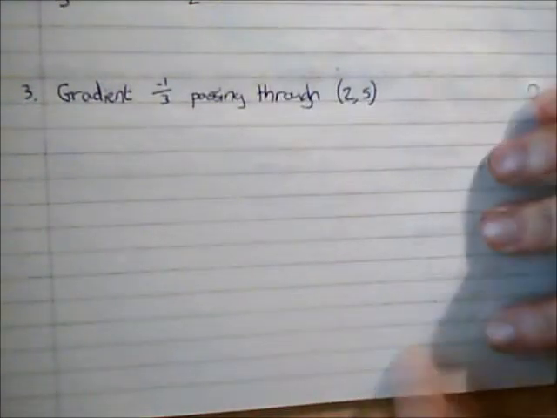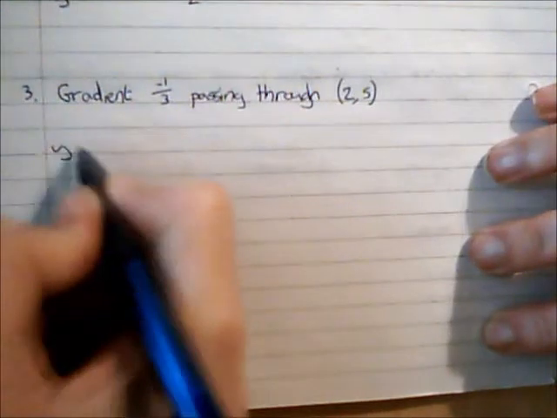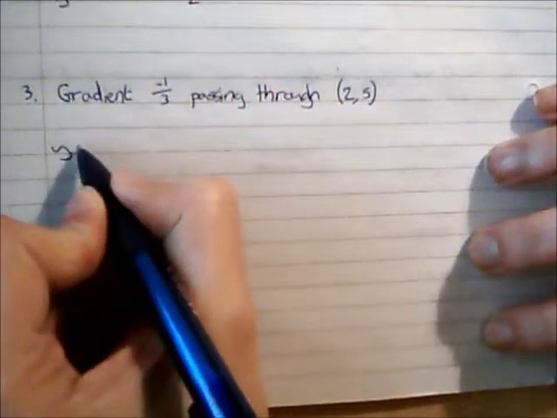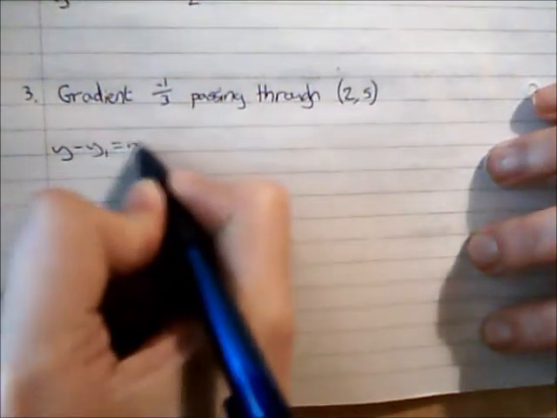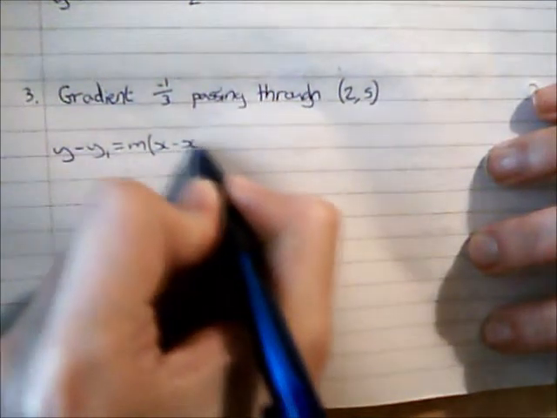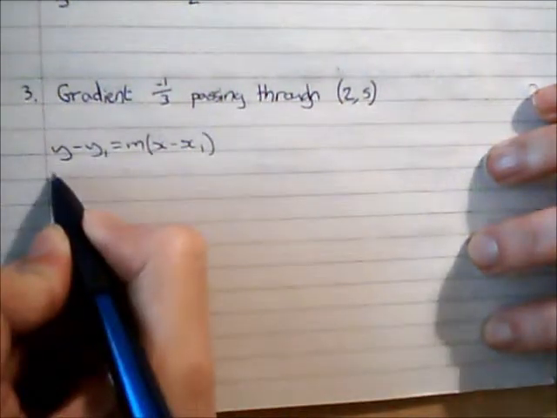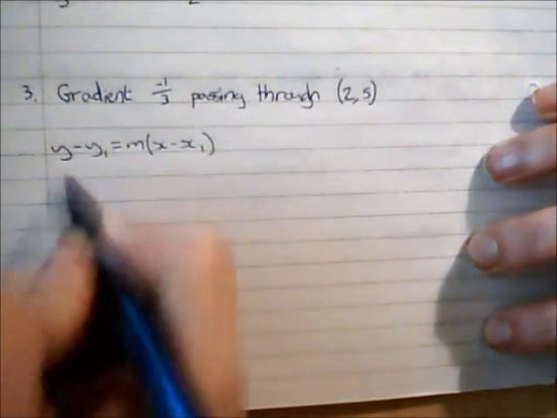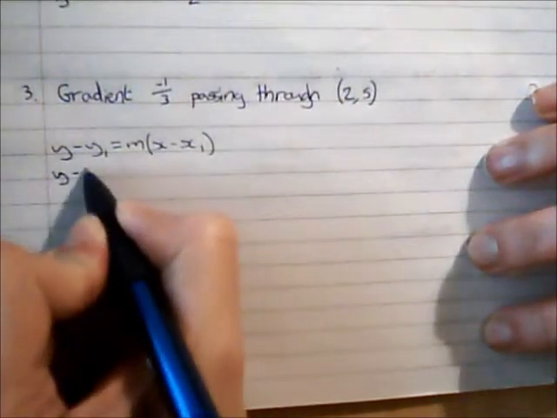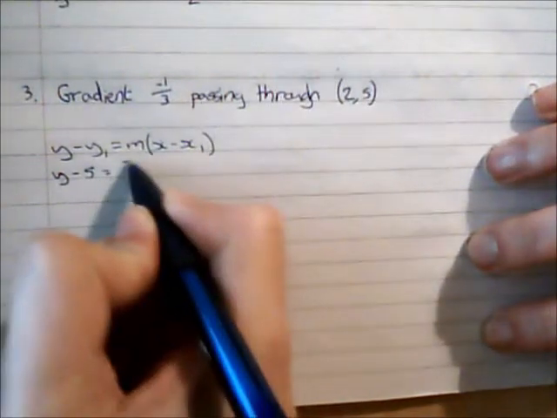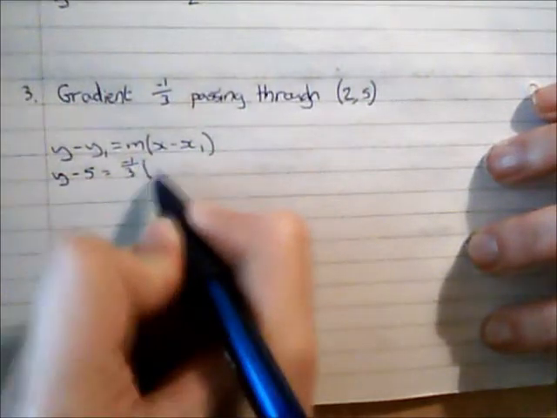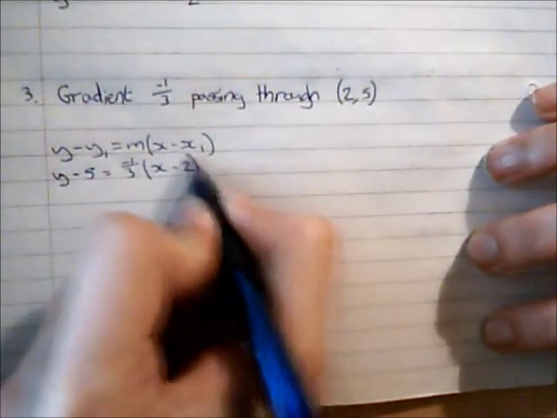Now in this third example I'm going to go through the same process initially. So I'm going to substitute in my values, so I've got here y minus y1 equals m(x minus x1).